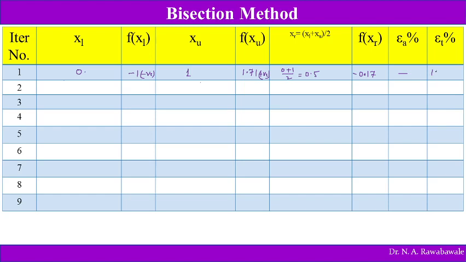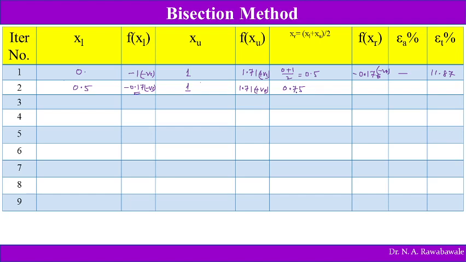Now this function value is negative, minus 0.17, and the old negative is replaced by the new negative. Here this is 0.5, and the positive 1.71 is taken as it is. The average of 1 and 0.5, that is 1.5 divided by 2, will be 0.75.